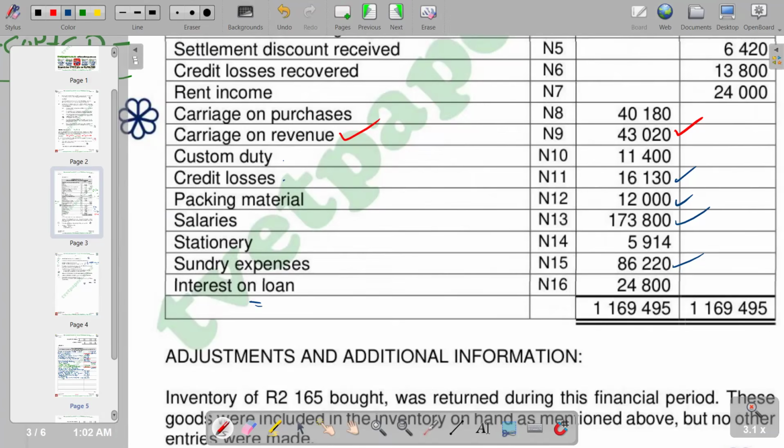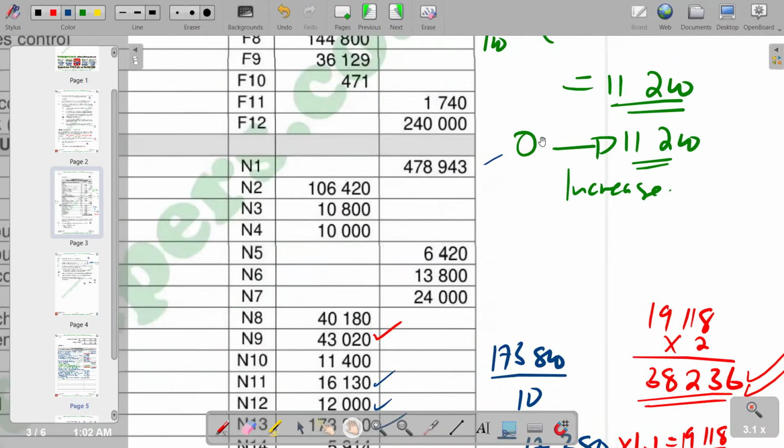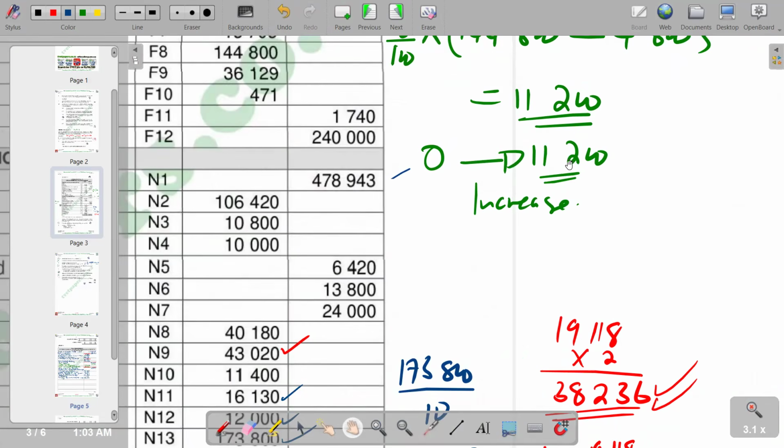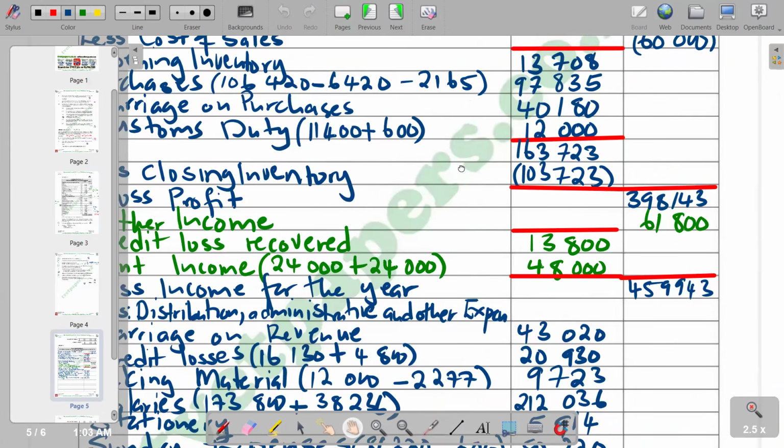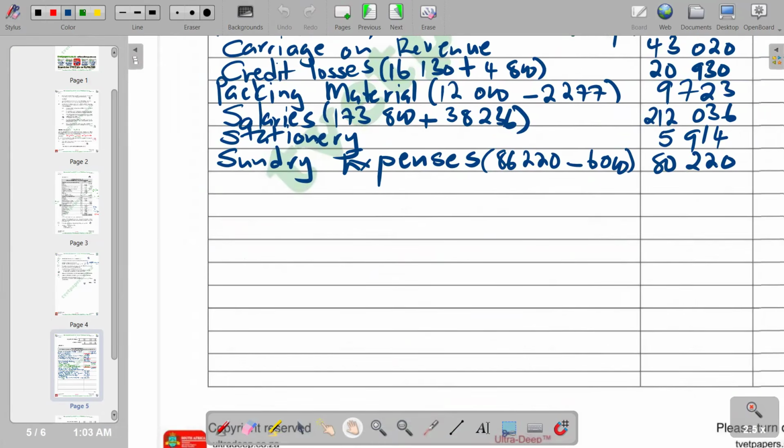Remember, we have got the allowance for credit loss that we did calculate, which is 11,200. We had calculated it when we were still at the other income section, and we said it's an expense, it's an increase, so we're supposed to include it also. So what we are supposed to put here is allowance for credit loss.